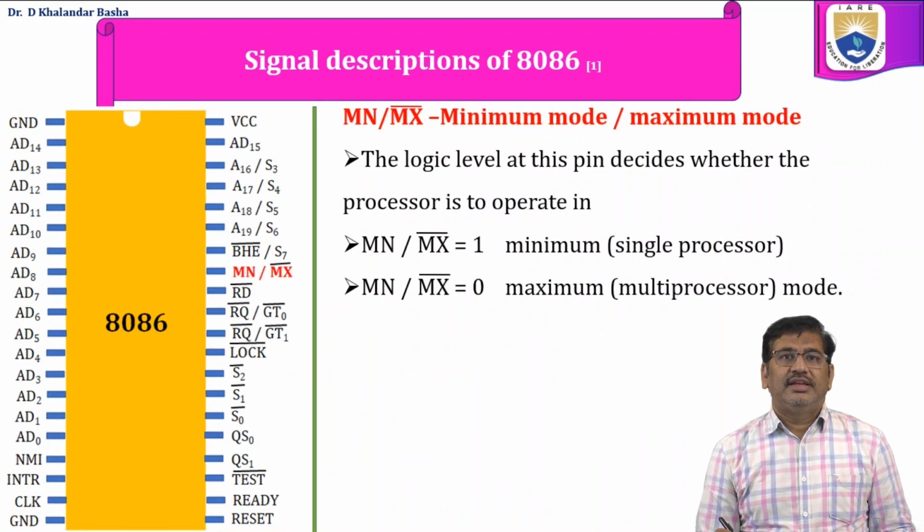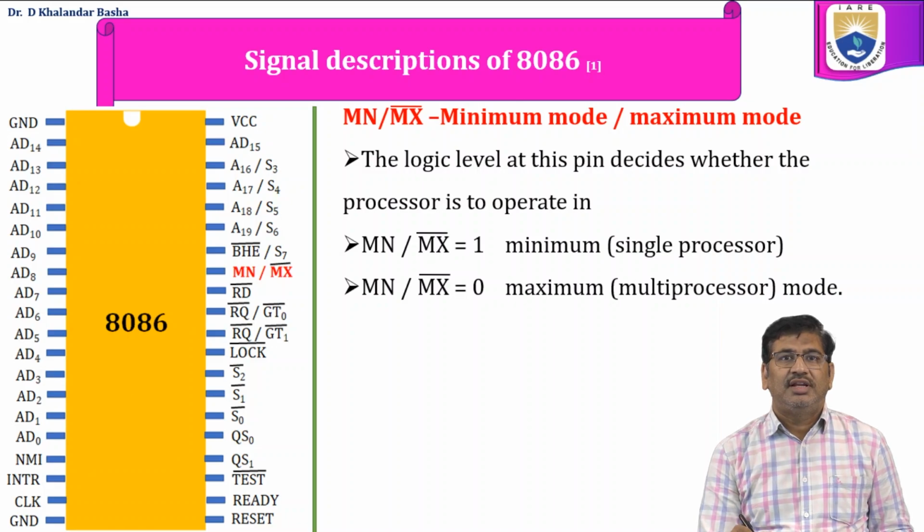The next signal is MN/MX bar, where MN is for minimum mode and MX is for maximum mode. This signal's logic level decides whether the processor is to be operated in minimum mode or maximum mode. If MN/MX bar is equal to 1, it indicates the processor is in minimum mode.